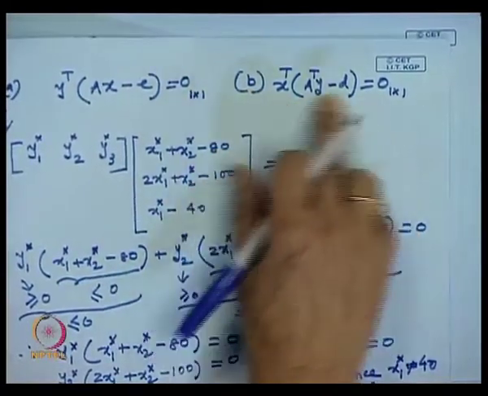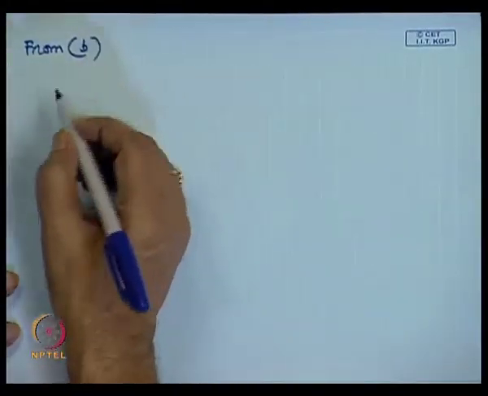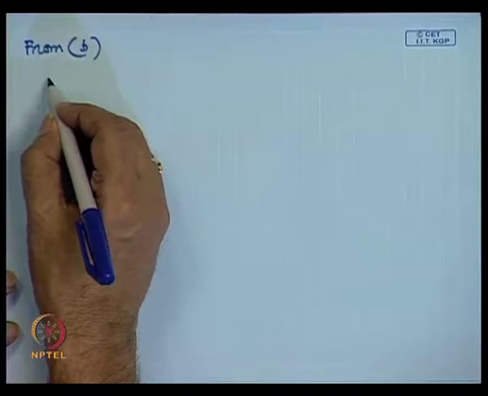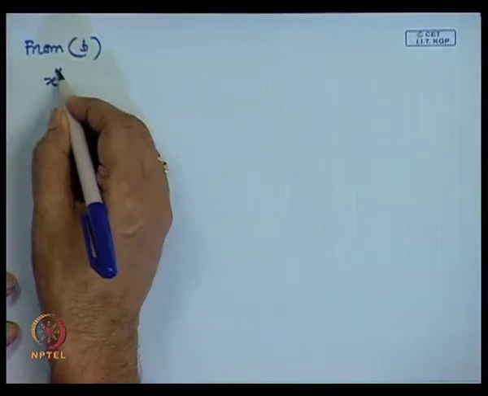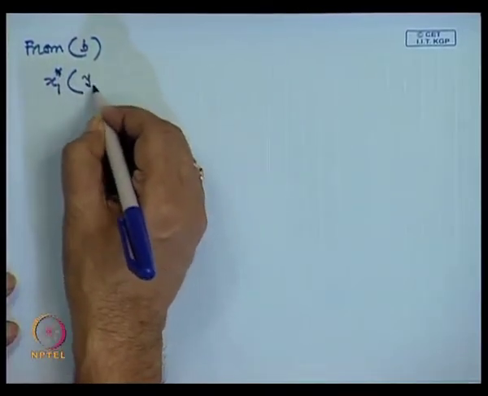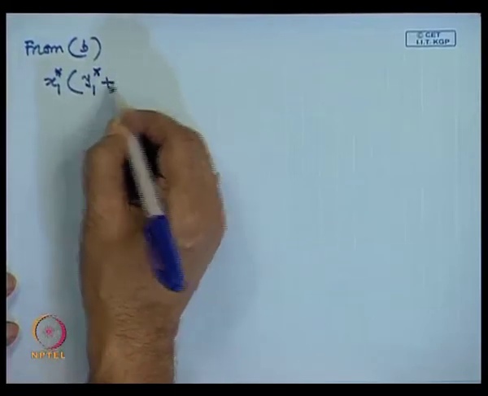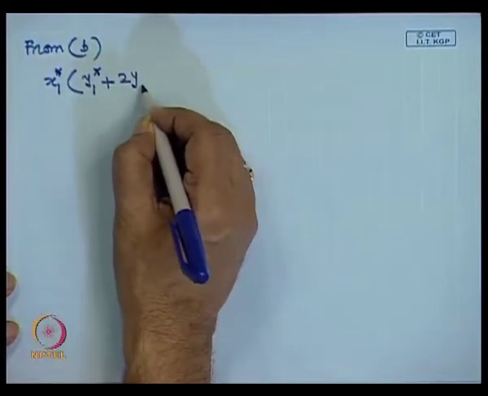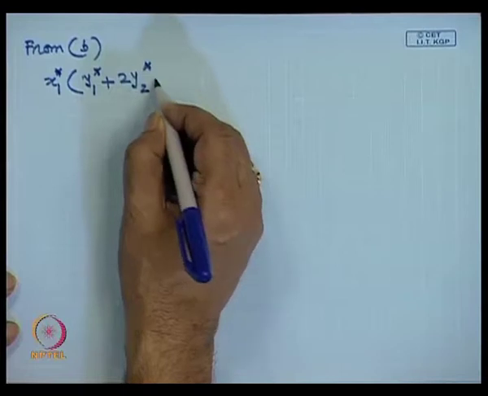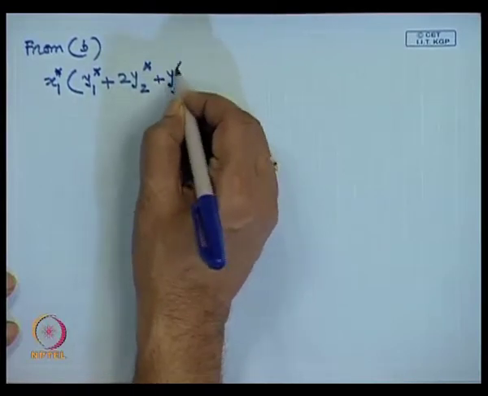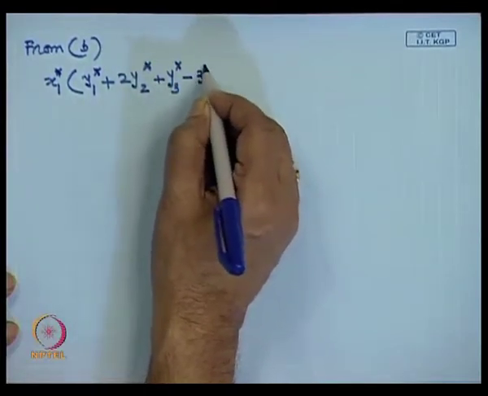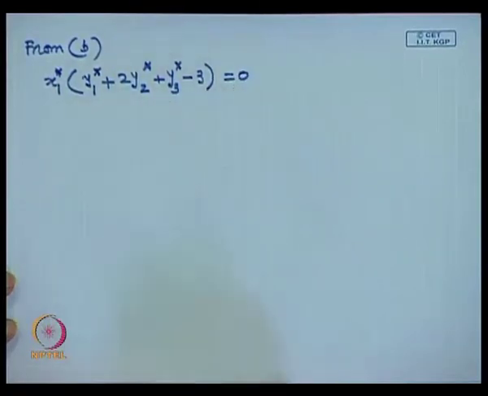Similarly, with the same logic, if you expand that one, from the B condition you will get x1 star times y1 star plus twice y2 star plus y3 star minus 3 is equal to 0.